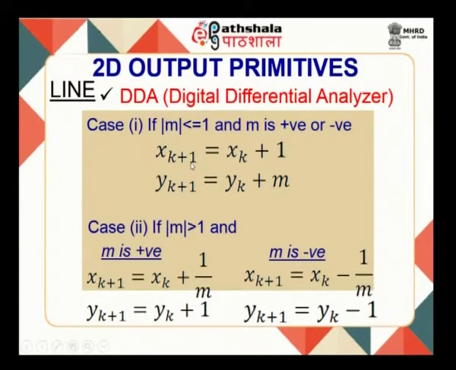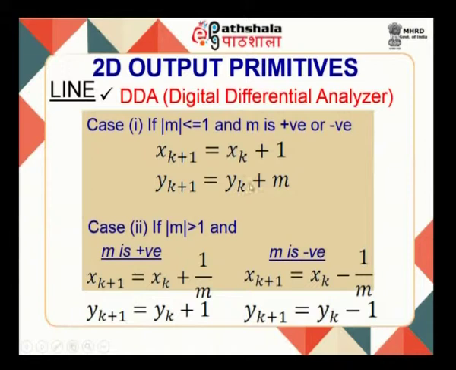So, the next x value, x k plus 1, is the previous x value plus 1 unit. But the next y value is y k plus m.